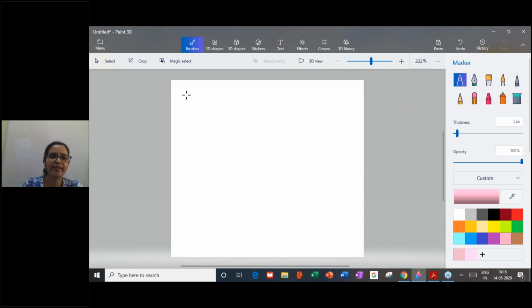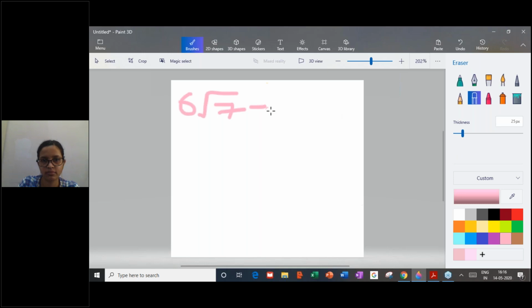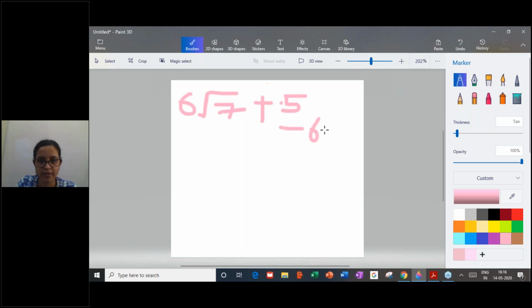So in case you have a number like, say, 6 root 7 plus 5 and then minus 6 root 7.